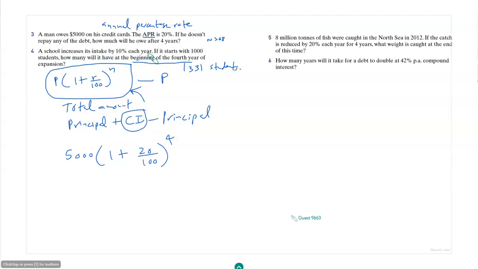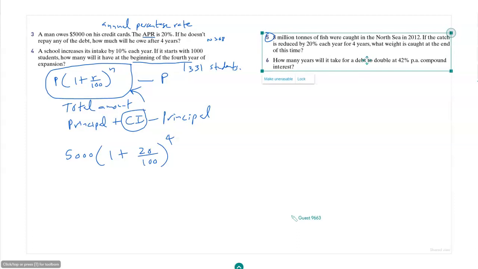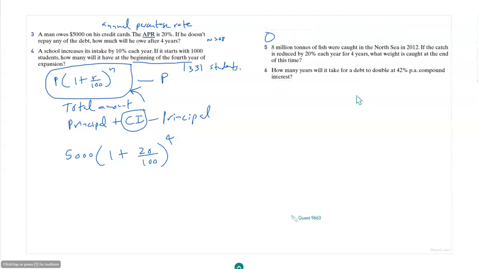For any situation where there is a fixed percentage of growth each year, you have to use compound interest, whether it's growth in the number of students in a school, or, as you can see in number 5, growth in the population of fish. In all such situations you can use this formula for compound interest.